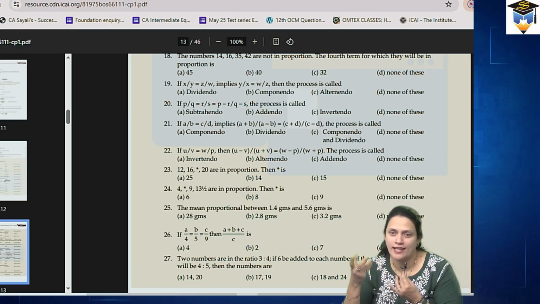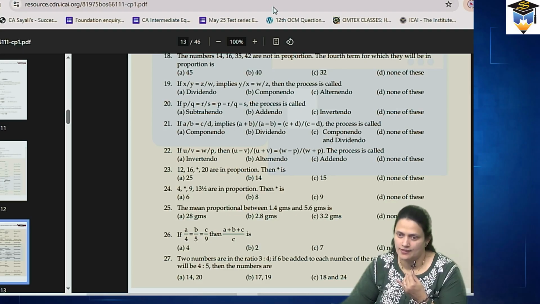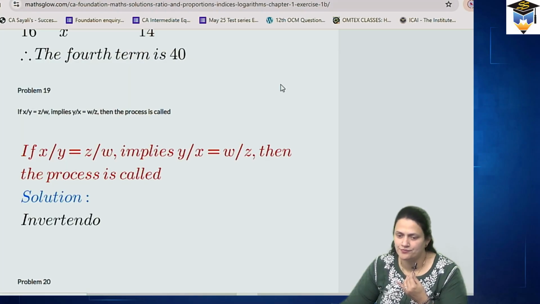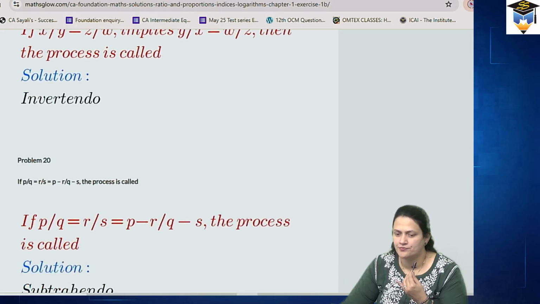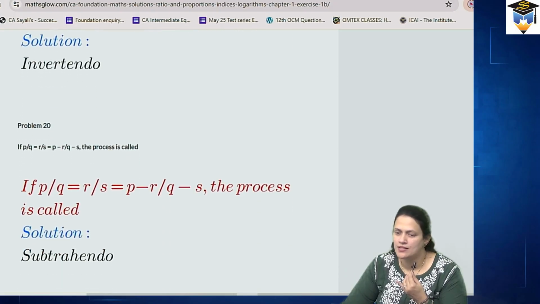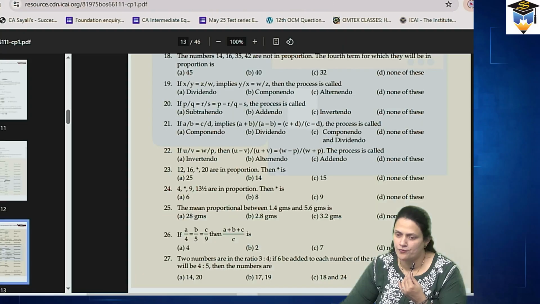What is the answer for the 20th? Subtrahendo. Subtrahendo. Next 21 is componendo dividendo, option C.